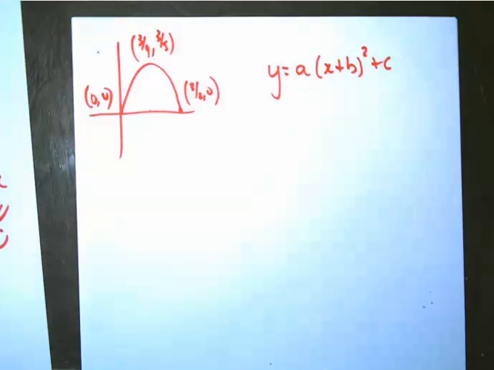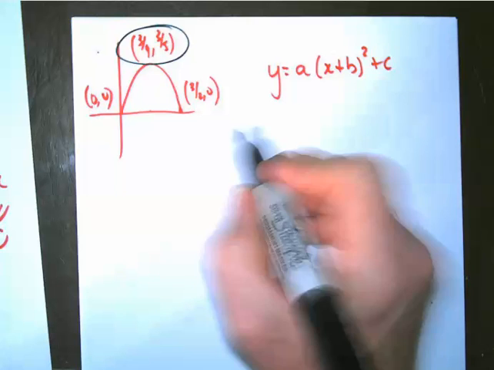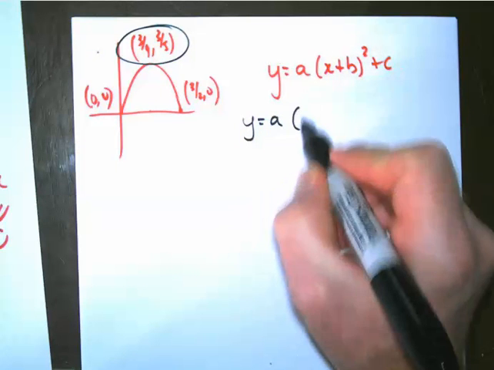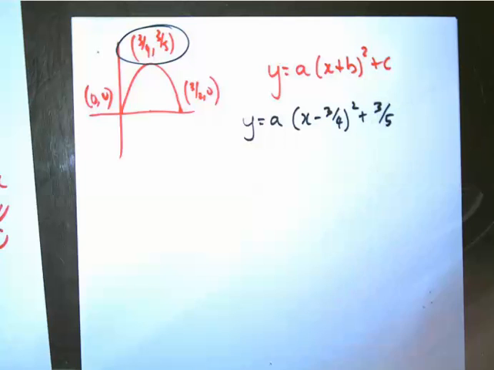What would that look like using the turning point form to see if that is an alternative method that is easier, different, faster, preferred? Okay, I know the turning point is at 3/4, 3/5. So I'm going to have y equals a, x minus 3/4 squared plus 3/5.